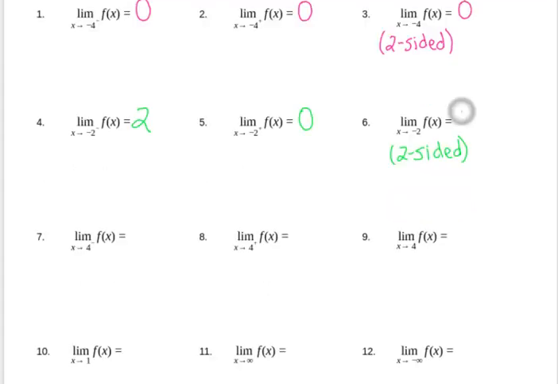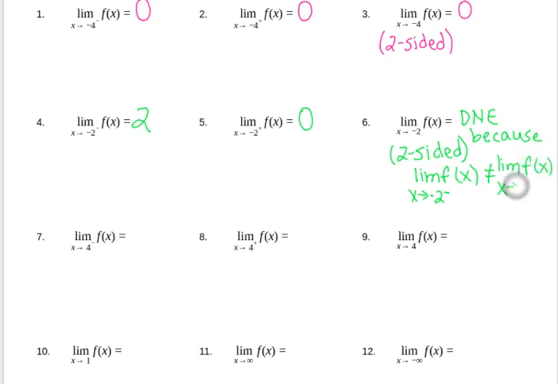So we need to use the proper notation. So this limit does not exist, and this is because, and I'm going to move down here a little bit so I have more space to write it, the limit of f of x as x approaches -2 from the left does not equal the limit of f of x as x approaches -2 from the right.